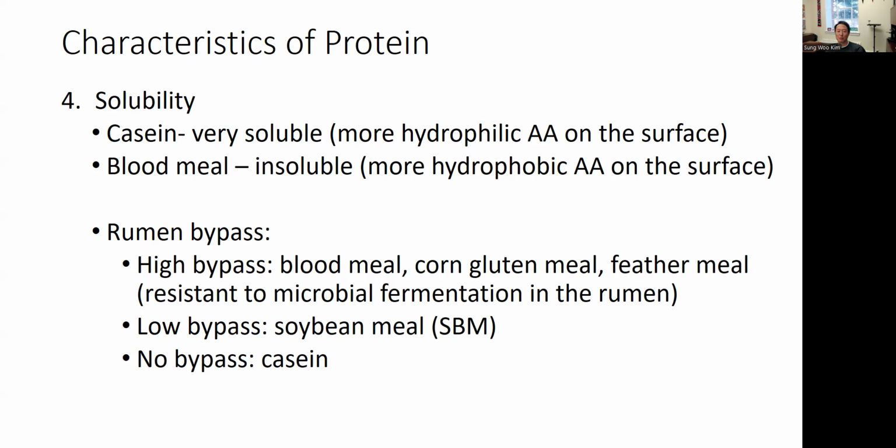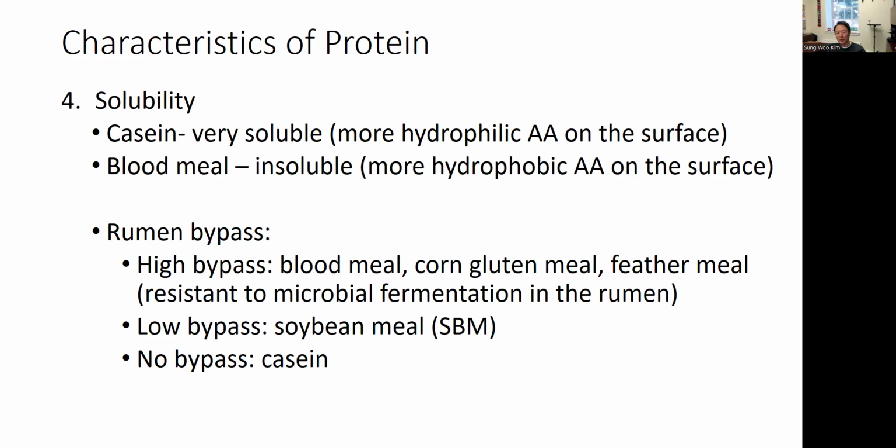So which protein source do you want to use for feeding animals, or what protein source do you want to eat? If you eat a highly soluble protein, you will have a high digestibility of that protein. The animals can digest the protein better and grow better.